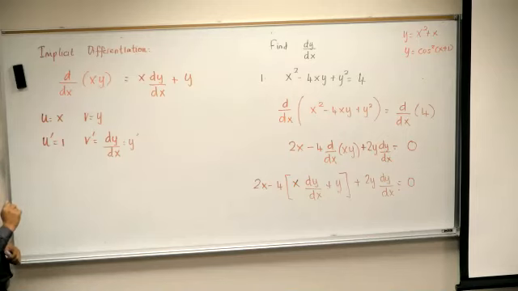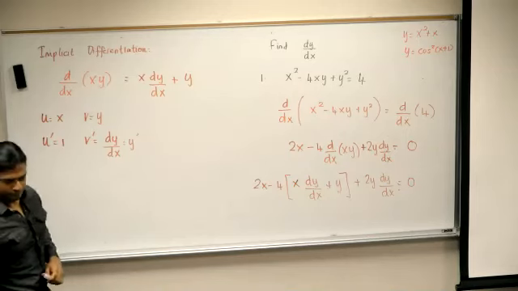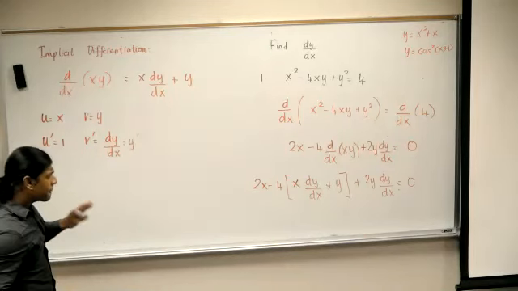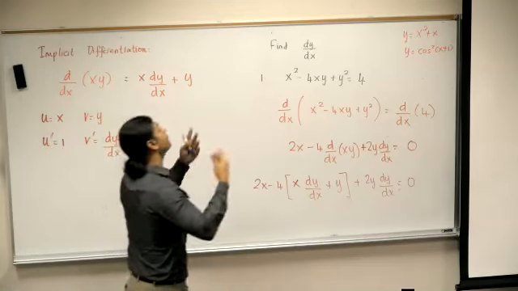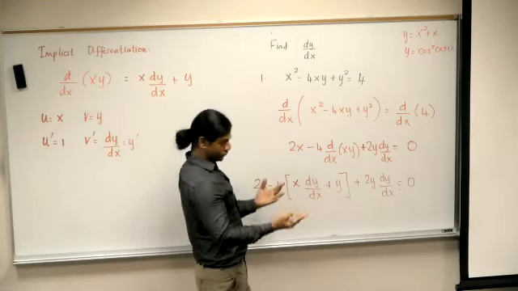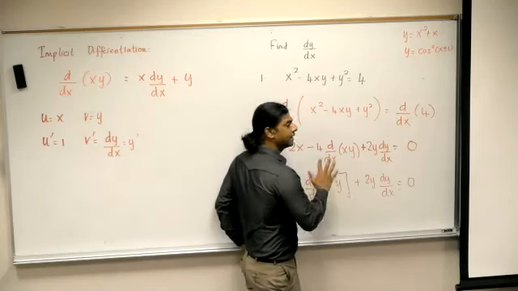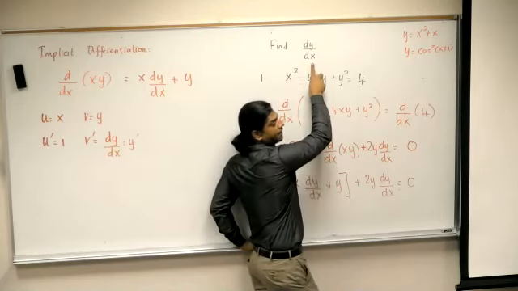Good so far? Yes. Are we going to cancel dy over dx? We're not going to cancel it. If it can be cancelled, sure. But what we're going to do is combine and solve for dy over dx.